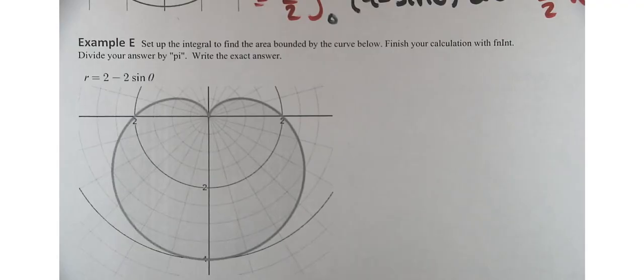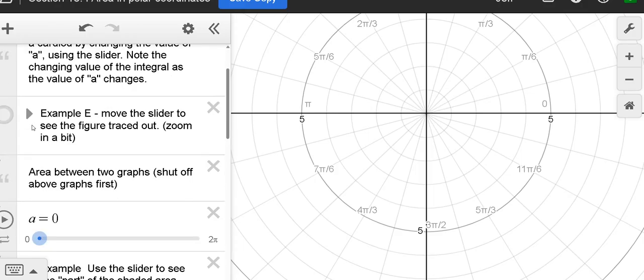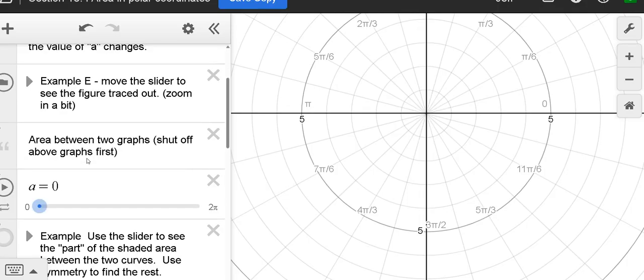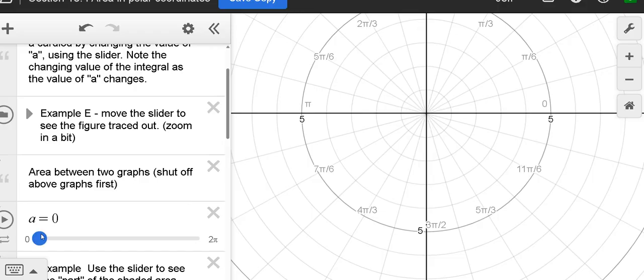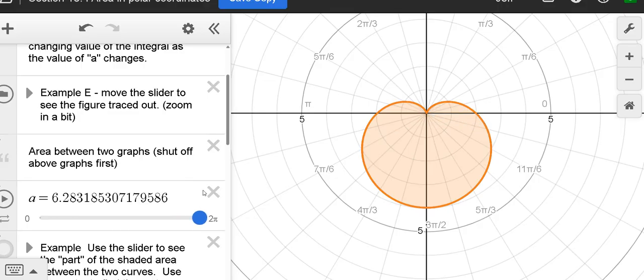Let me give you a little bit more perspective on what it looks like when you're integrating these things. If you're following along on the website, you can click on the graph for E and then slowly dial this up. It's going to trace things out the way you're sweeping it out with all these different sectors, sweeping out that area in a radial way as you go around from 0 to 2 pi.